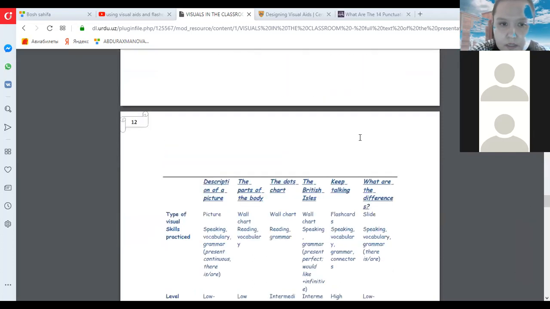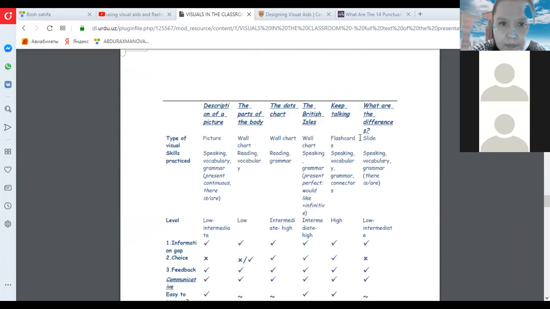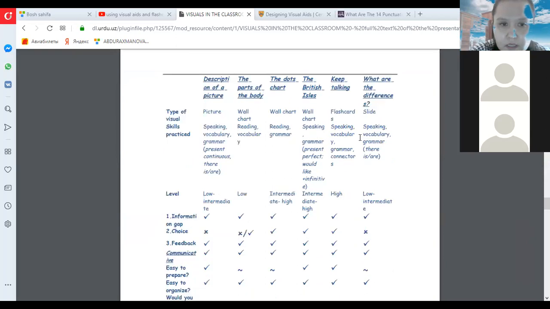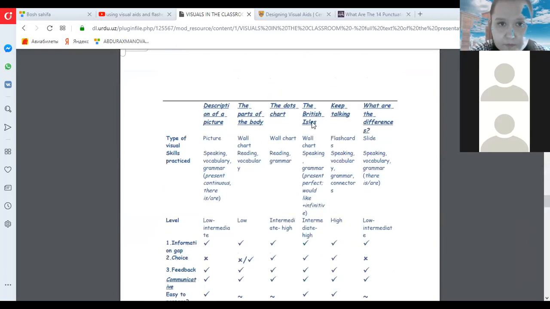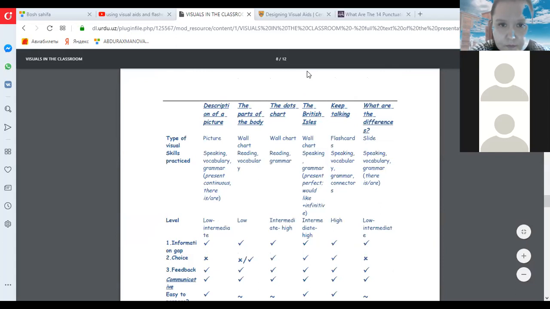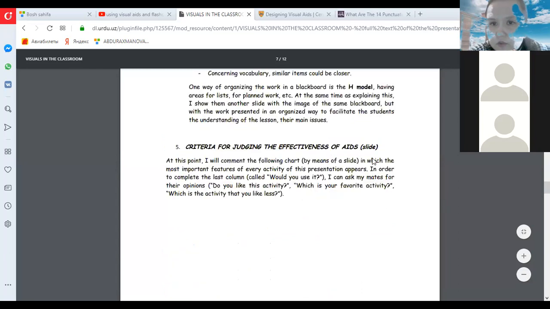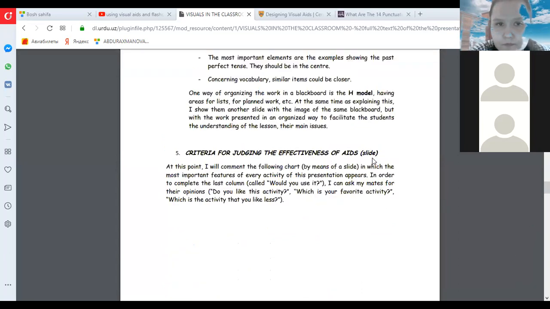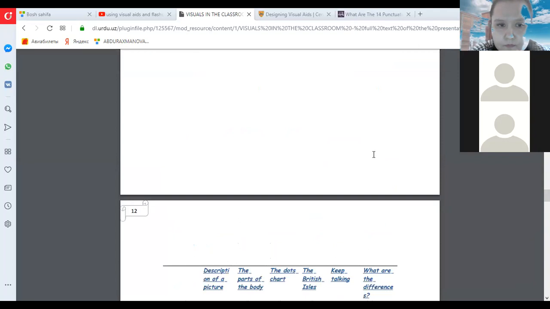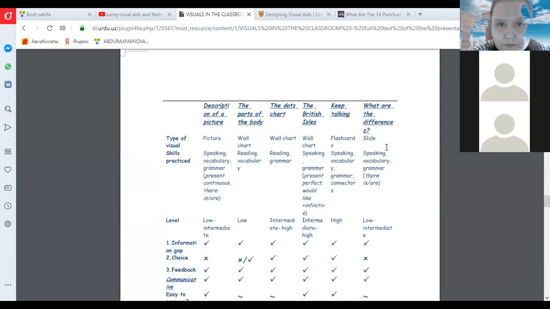So, and here you can see types of visual skills practices. So this, Gülşada, do you want description of a picture?